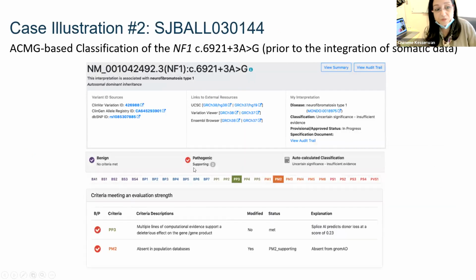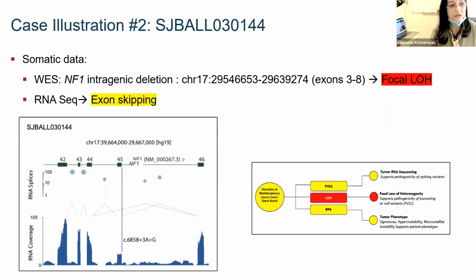So now we put these two codes, the PP3 and the PM2 supporting, and we came up again with insufficient evidence and variant of uncertain significance. Now we will use the tumor data on this patient. In his bone marrow blast, we have an NF1 intragenic deletion.